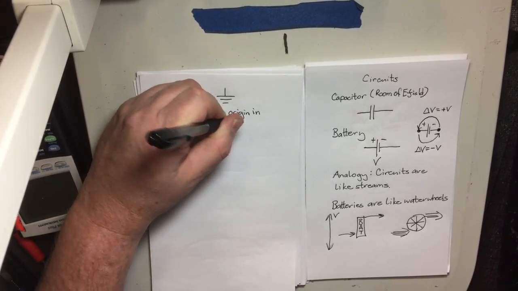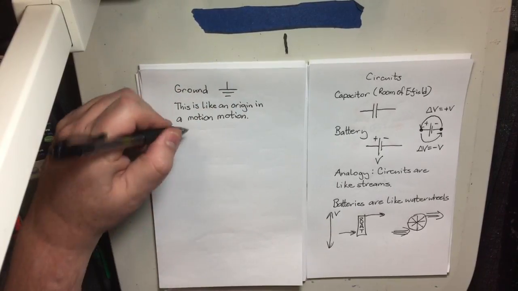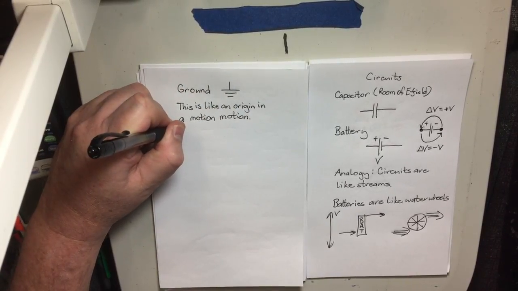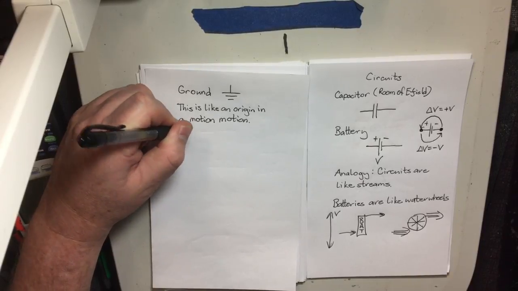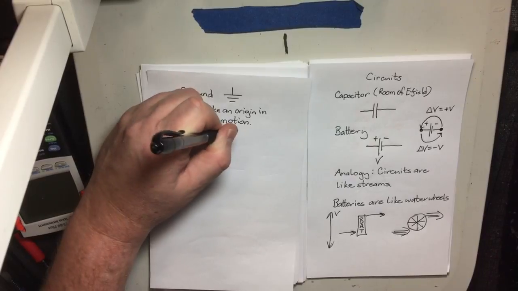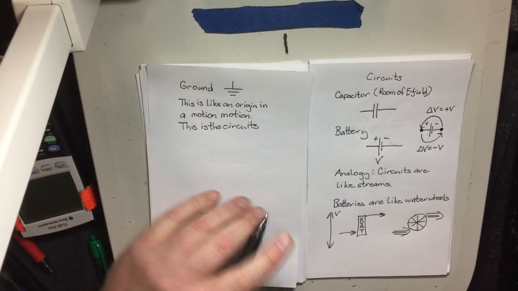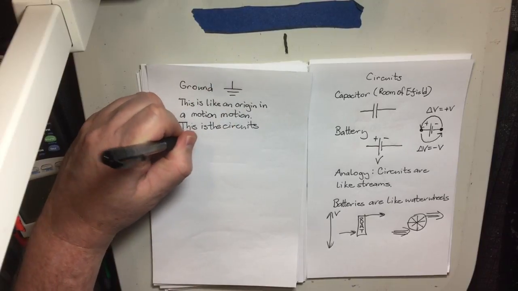Like a 2D motion, 1D motion, that kind of thing. You always need this. This is the circuit's reference point.